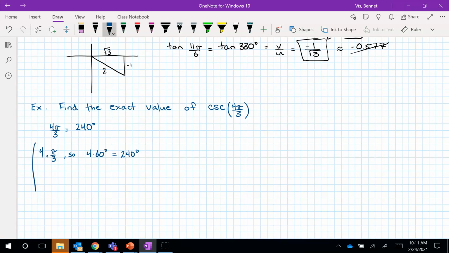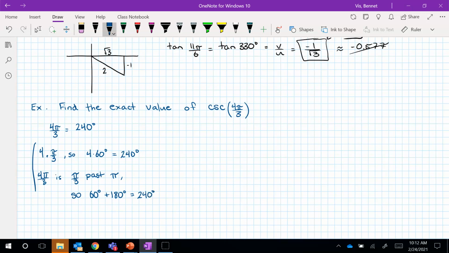Or I can say 4 pi over 3 is 1 pi over 3 past pi. So it's 60 degrees plus 180, which gives me that 240 degrees.